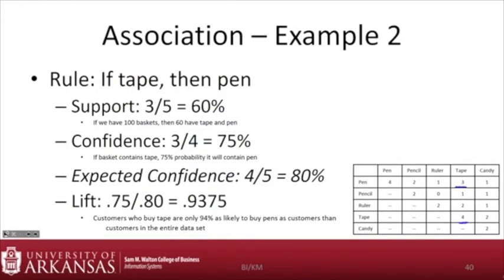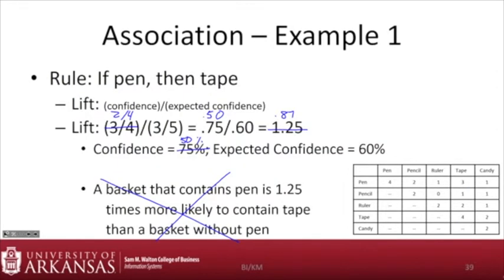Customers who buy pens are only 84% as likely to buy tape than customers in the entire data set. Customers buying pens, 84% likely to buy tape than, I'd say, the general customer.